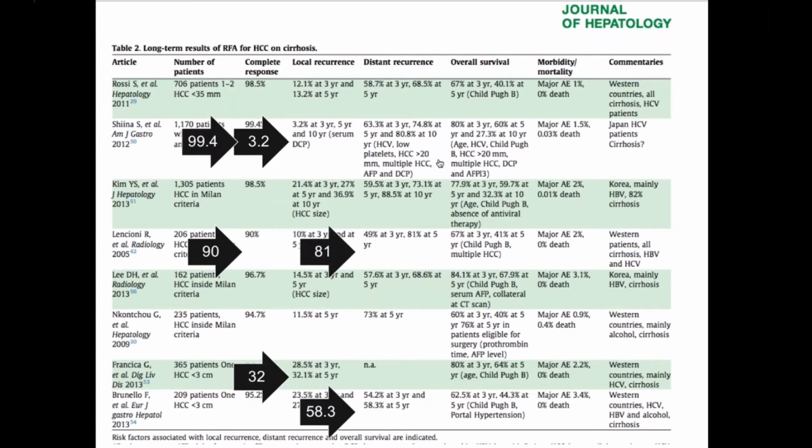The overall survival after 5 years ranges between 40% and 67%. Morbidity and mortality are very low compared with surgery.